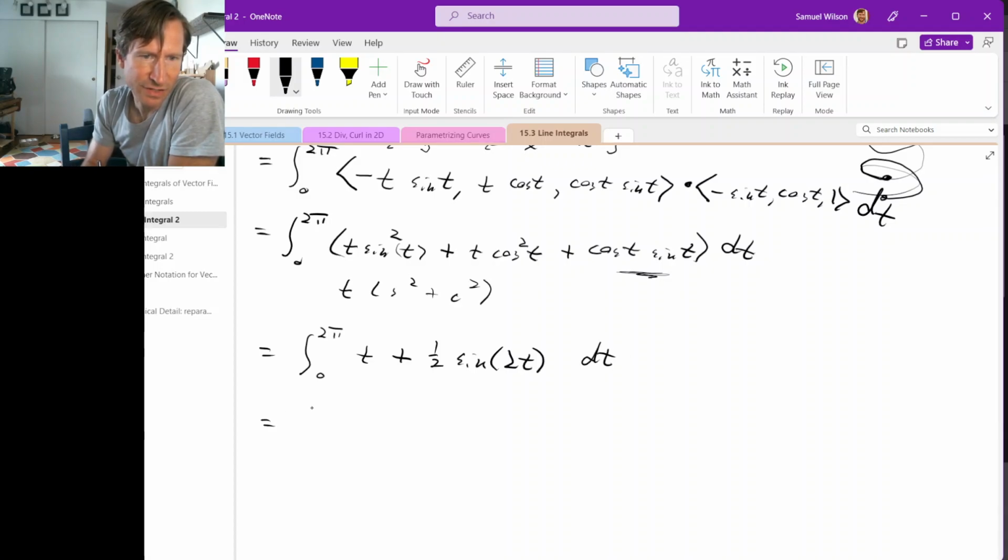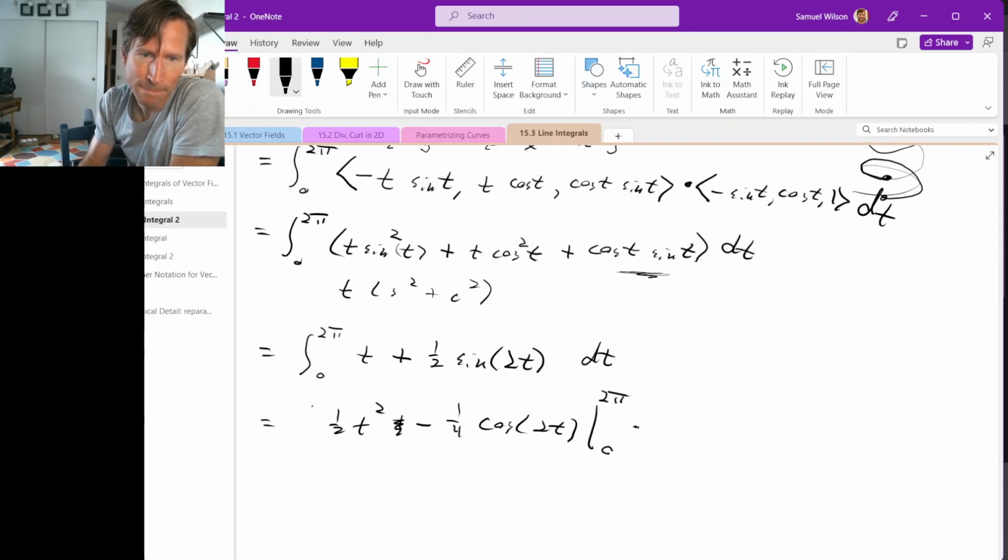So this is, let's see, the antiderivative of t is 1/2 t squared. The antiderivative of 1/2 sine 2t is minus 1/4 cosine 2t. You can check me on that, but I'm pretty sure that's right. We need to go from 0 to 2 pi.